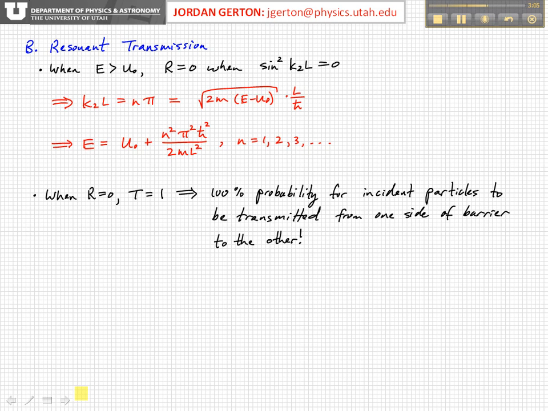Okay, so again, when the energy is greater than U naught, then R equals 0 when sine squared K2L is equal to 0, and that implies that K2L has to be some multiple of pi.